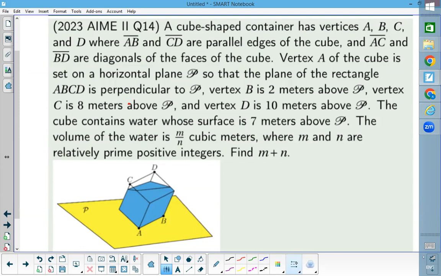So basically, there's a plane, and we place the point A of the cube on the plane.